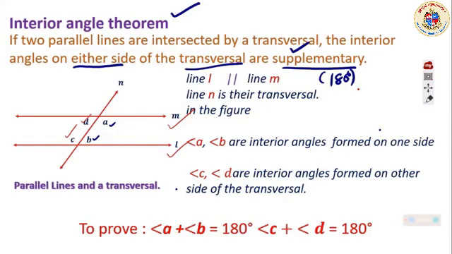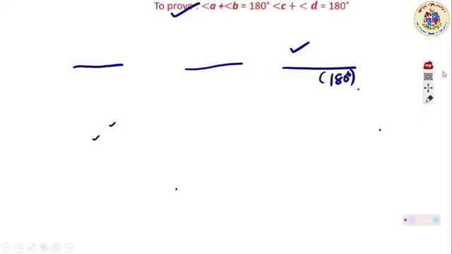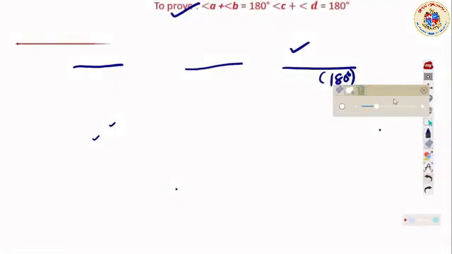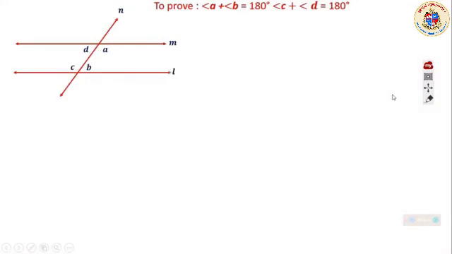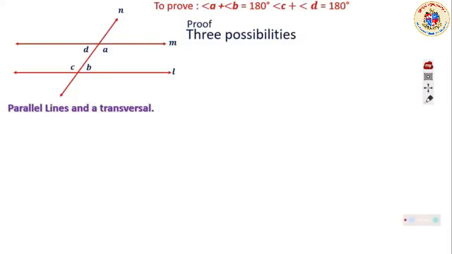To prove that it is equal to 180 degrees, no measurement is given, but we need to apply some postulates to prove that. This is what is given. What proof we have is no measurement, but we can think about the conditions and possibilities.